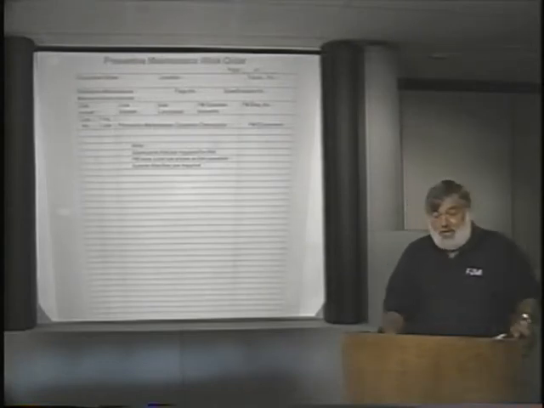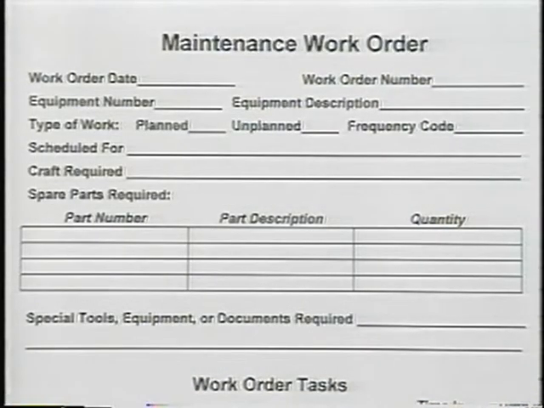Now, continuing on, page number 41, this is a work order which could be used for unplanned requirements. But you'll also notice that up on the top, the third line, we indicate the type of work. And if it were planned, and if it were a PM, we'd probably want to use the preceding page.